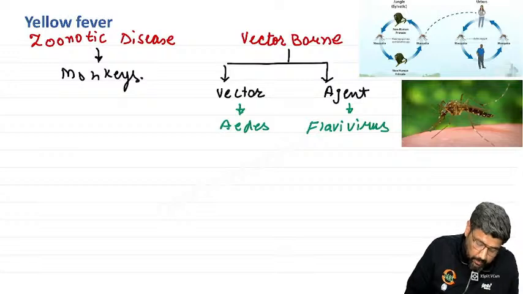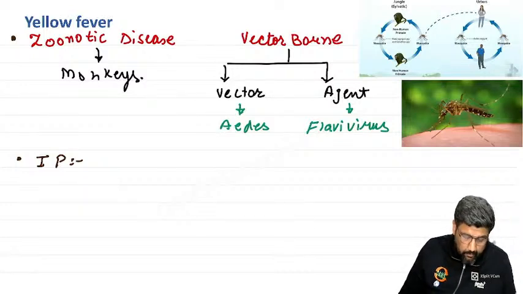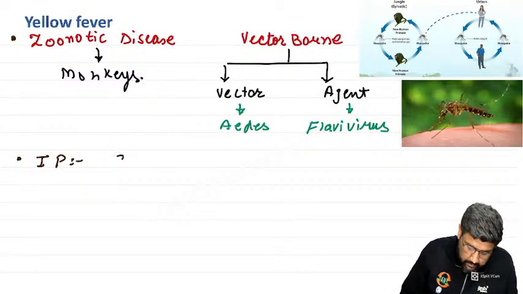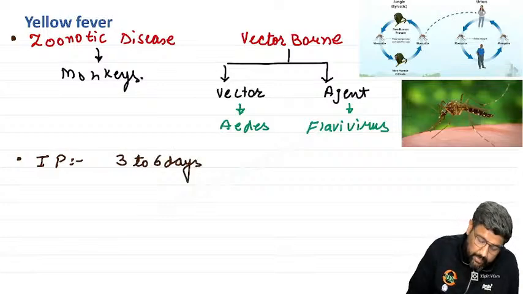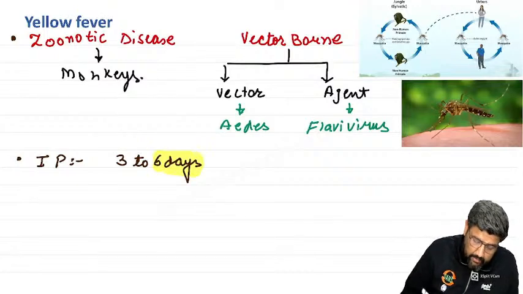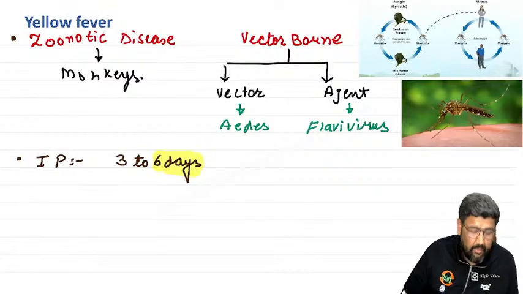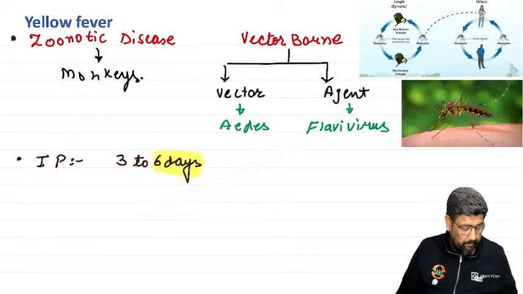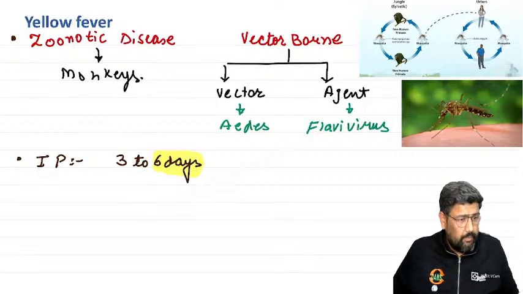Now, if I talk about the incubation period, it is 3 to 6 days, and 6 days is the maximum incubation period. Guys, do you have any idea where we use the maximum incubation period?